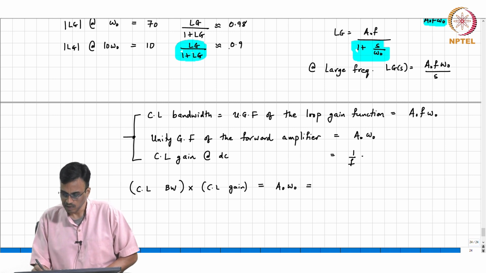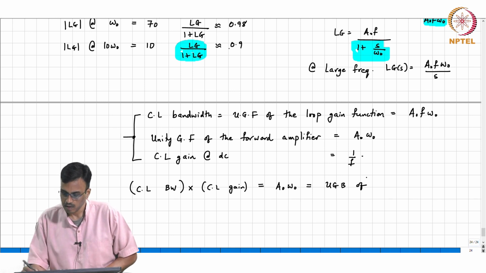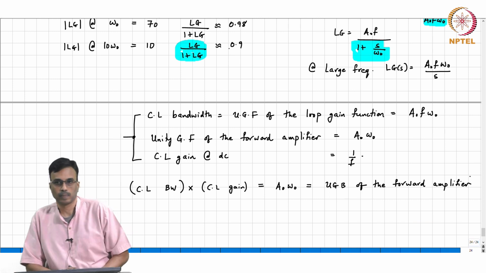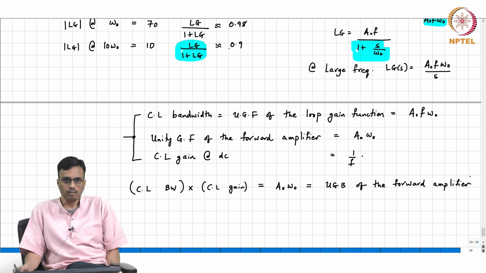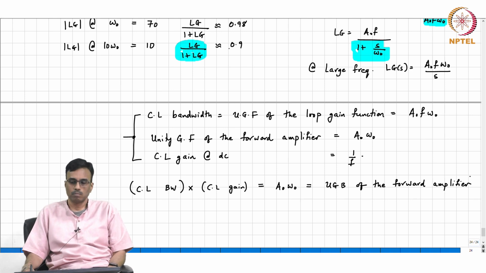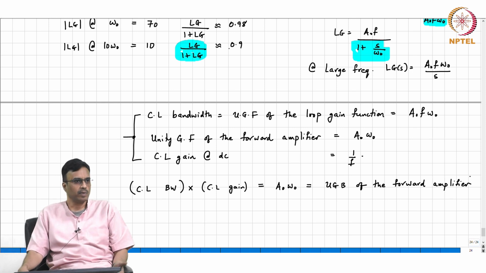Which is nothing but the UGB of the forward amplifier. So basically, if you want to get a higher closed loop gain, the closed loop bandwidth that you get is going to be small, and the product of the two happens to be equal to the unity gain frequency of the forward amplifier, right.